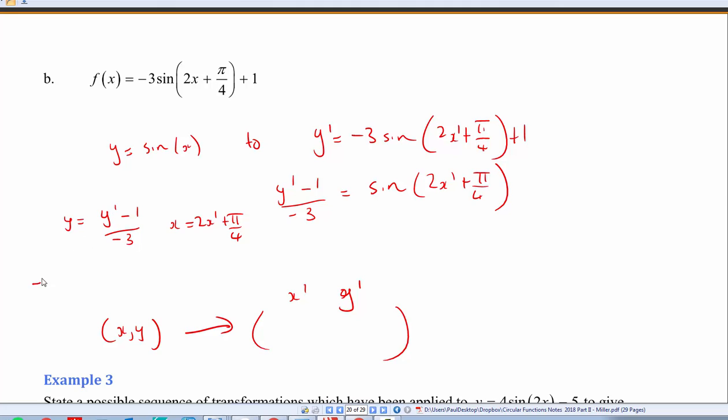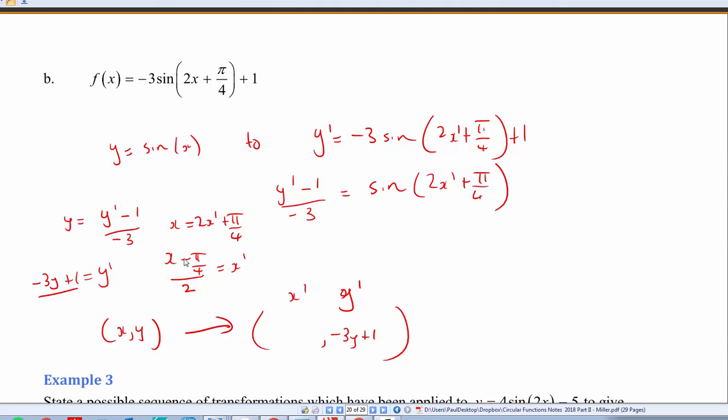So I'm going to multiply both sides by -3, so I get that, and I'm going to add 1 equals y dash. So y dash is that, so I'm going to put that in, -3y plus 1. Alright, now I'm going to make x dash the subject over here, so I'm going to go x, take pi on 4, and then divide the result by 2 to get x dash.